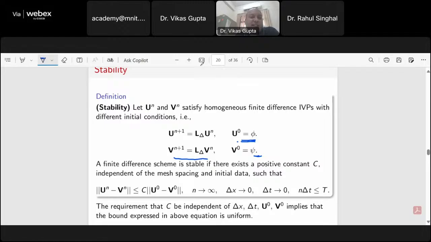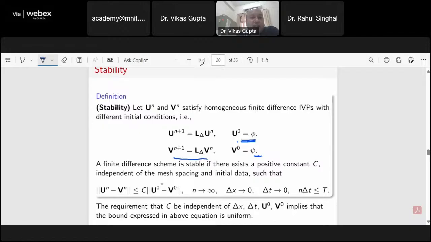So we can say that a finite difference scheme is stable if there exists a positive constant C, which is independent of mesh spacing and initial data, such that norm of Un minus Vn is bounded by C times norm of U0 minus V0 as n tending to infinity, delta x approaches 0, delta t approaches 0 in the finite time domain. So what does it mean? What do we mean by stability?